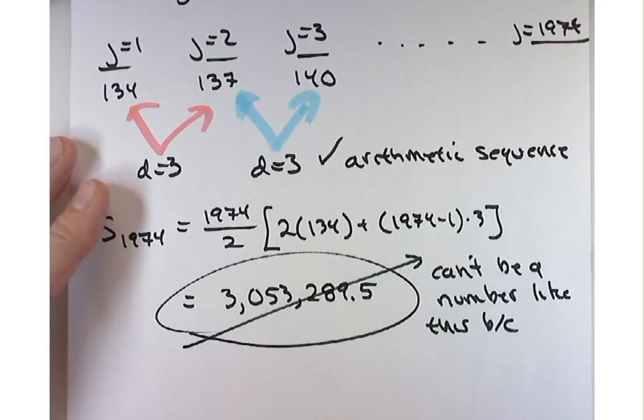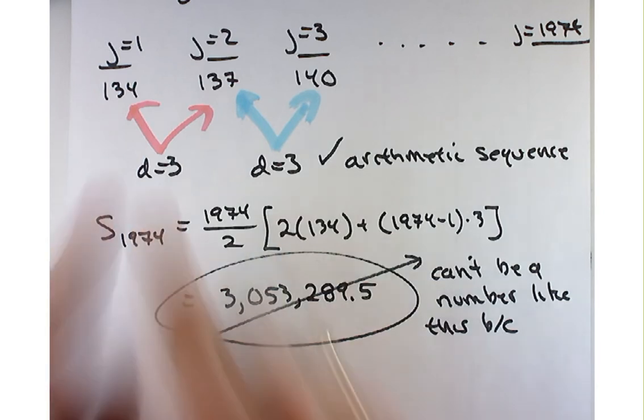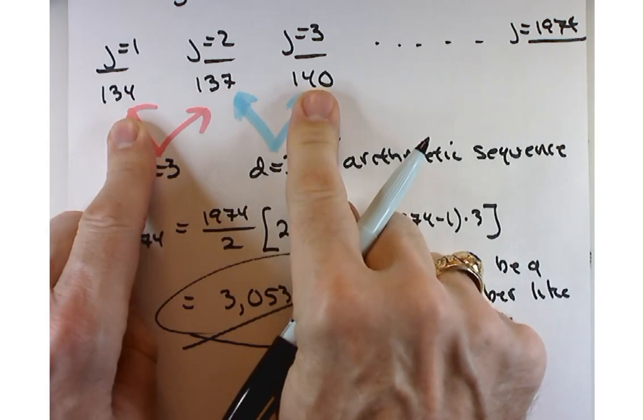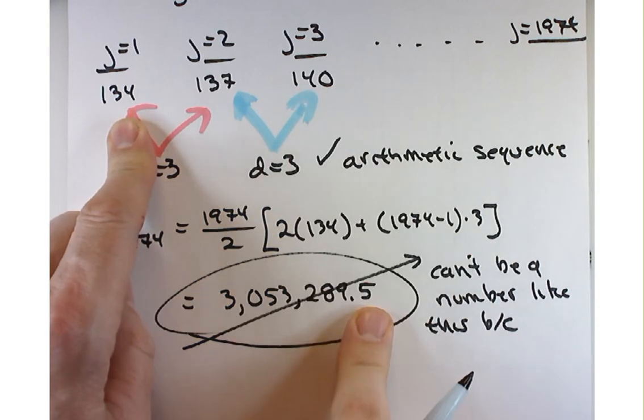Why can't you get a number like that? You can only add and subtract integers. You're adding up a bunch of whole numbers. How on earth are you going to get an answer that has a decimal?